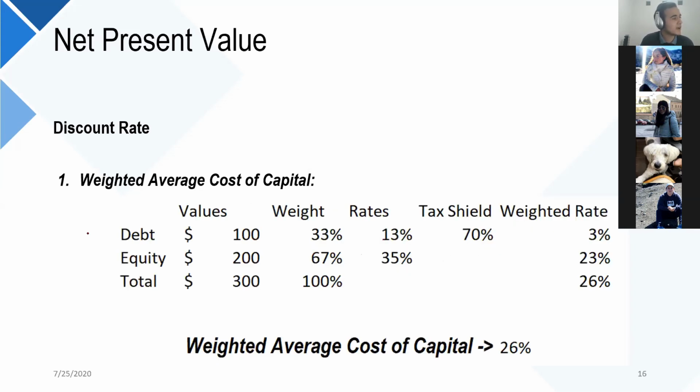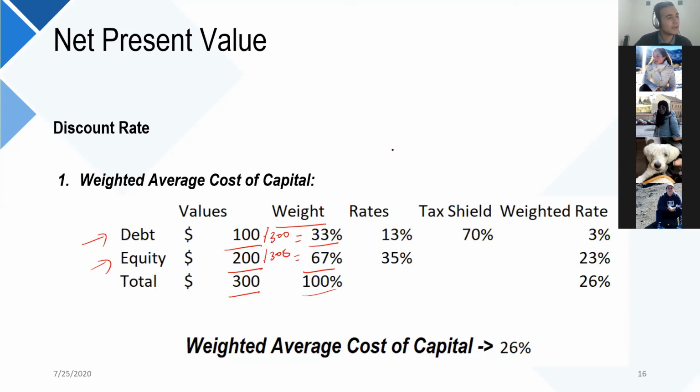You have these values of debt and equity. You have 100, you have 200, and you have 300, which is the addition of this one plus this one, okay? Now, the weights are 33%, 67%, and this adds up to 100%. What that means is that I took the 100 and divided it by 300, and then I got this result.